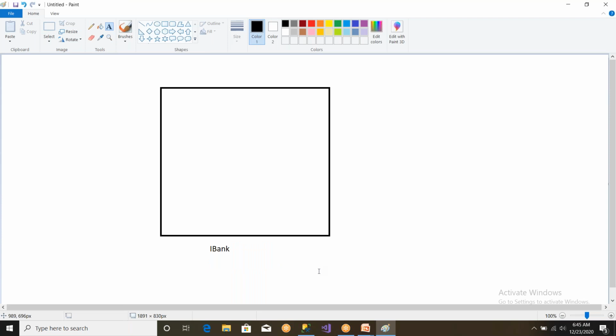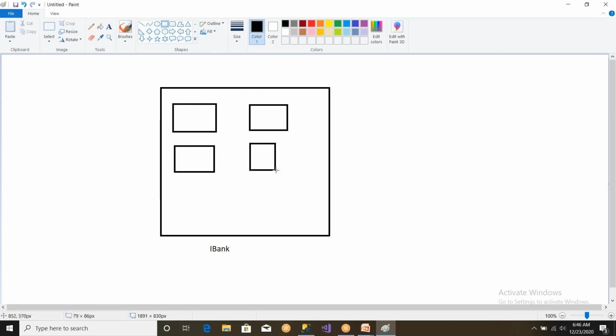Okay, so this is my database called iBank database. You have 100 plus tables in a given database. I have table one, table two, table three, table four, table five. Like that, I have a lot of tables. And how are the tables linked? The tables are linked with one to one.